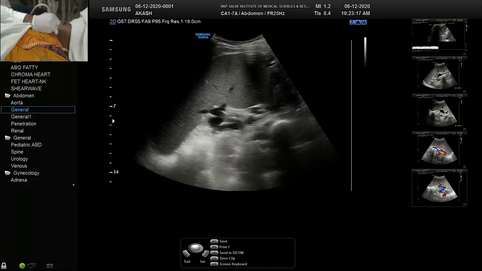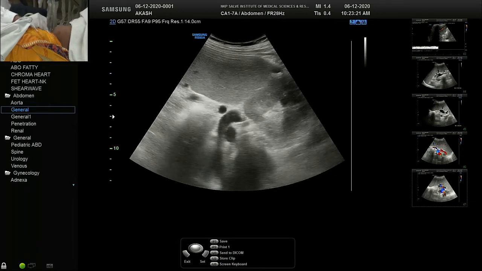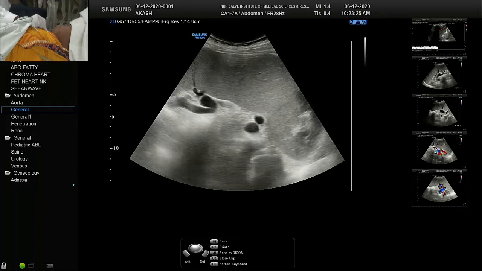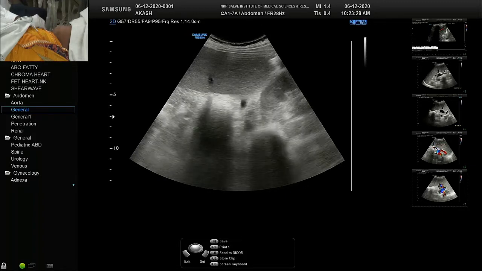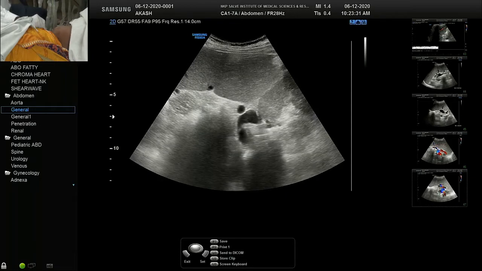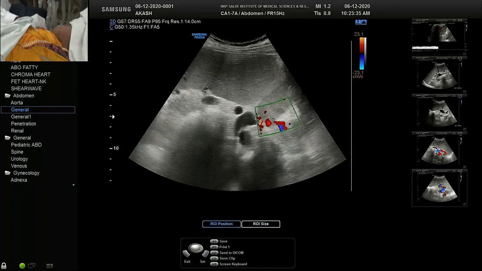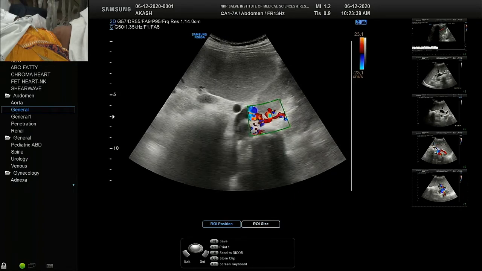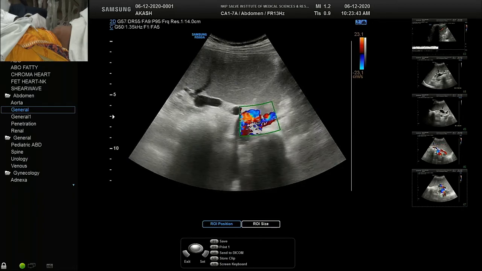When there are multiple big vessels, it sometimes becomes difficult to trace where the particular vessel is going. So if we trace back from the splenic hilum, the blue one is the splenic vein.